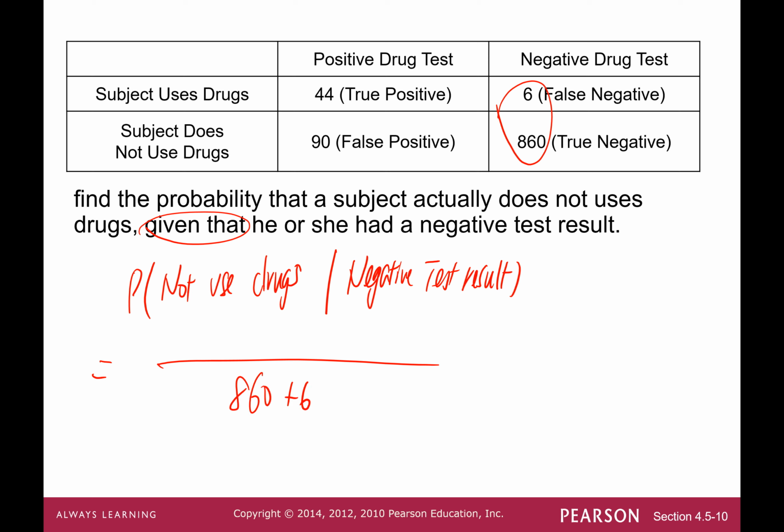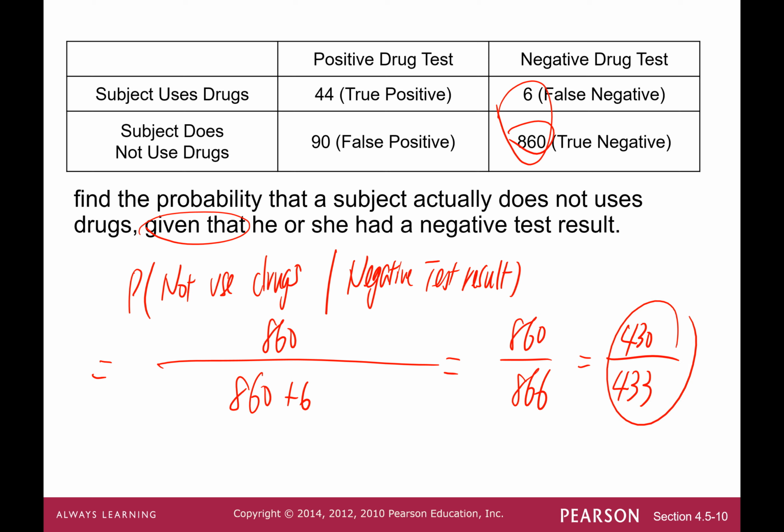Out of all of that, we look for the percentage of the subjects who do not use drugs. 860 of them do not use drugs, so it's 860 over 866. If you reduce it, dividing top and bottom by 2, you're going to get 430 over 433.